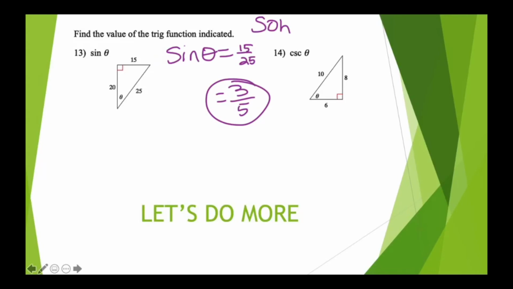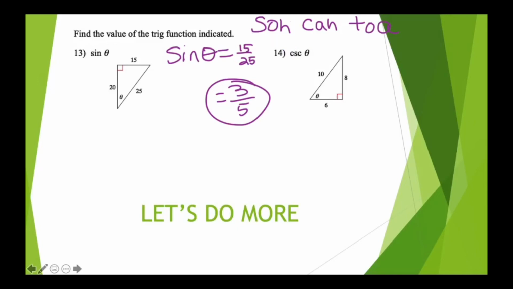Let's do number 14. We're going to do the cosecant of theta. Our ratios were sine, cosine, and tangent. We have SOHCAHTOA. We have the CAH and the TOA. And the cosecant was the reciprocal of sine.